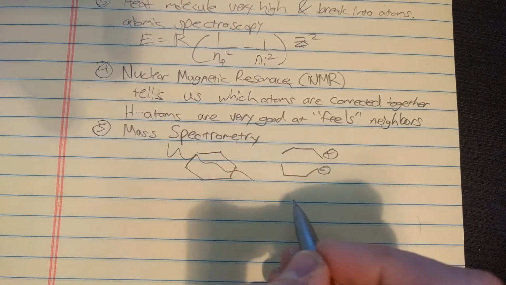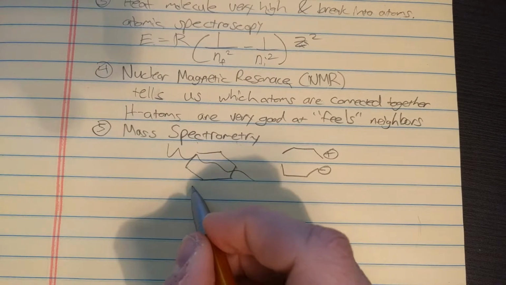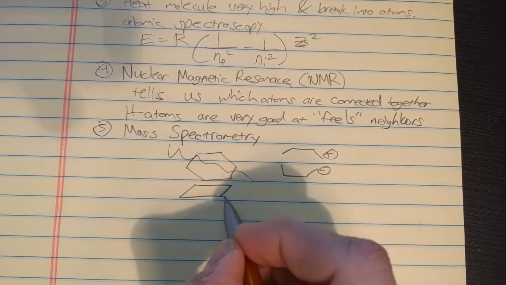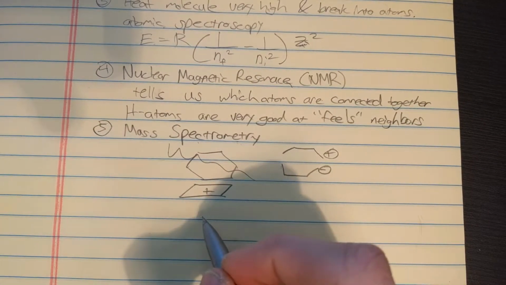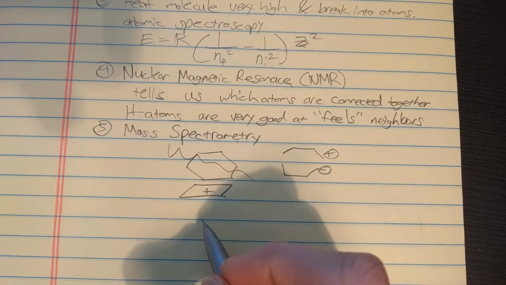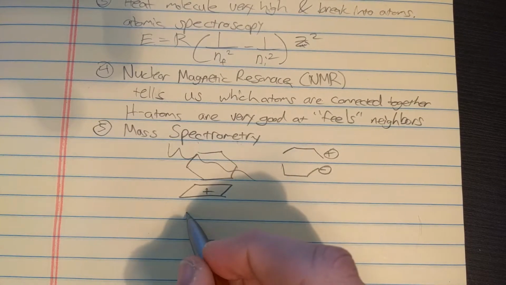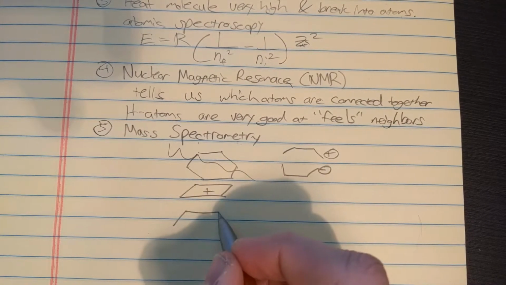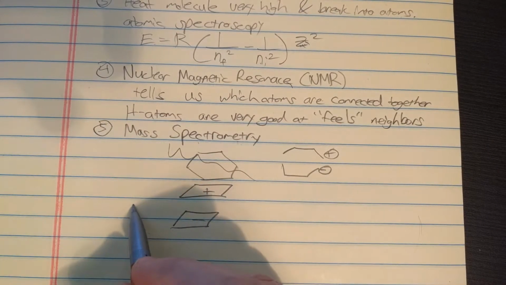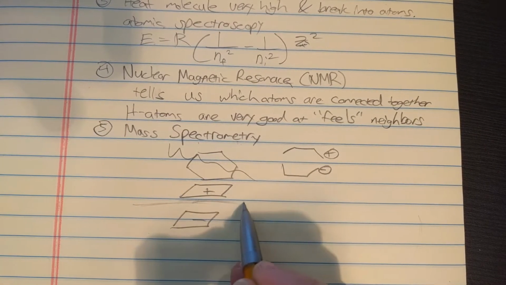Now you take those pieces and you shoot them out of a gun. And once you produce a stream of particles, you might be able to use a magnet too, but you shoot that stream of particles through a capacitor.